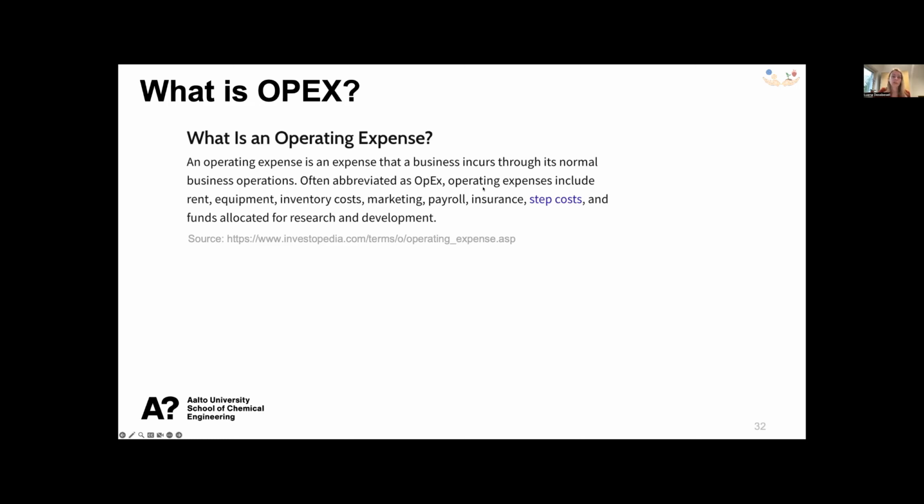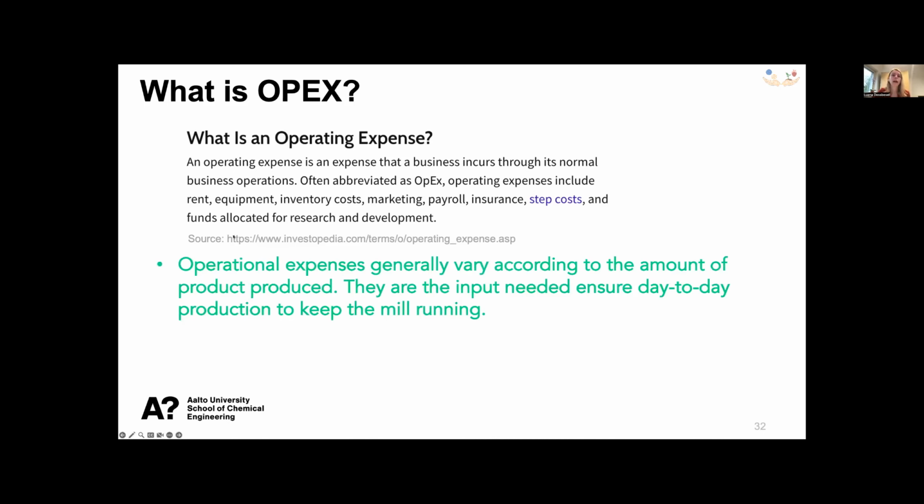So things that often include rental, if you need to rent something. Inventory basically means you buy all the raw materials and you store them, or you pay people, you pay insurance, everything that is related to running the business. But when we are in chemical processes, bioprocesses, nanoprocesses, nanotechnologies, we are looking at everything that varies with the amount of product that you make.